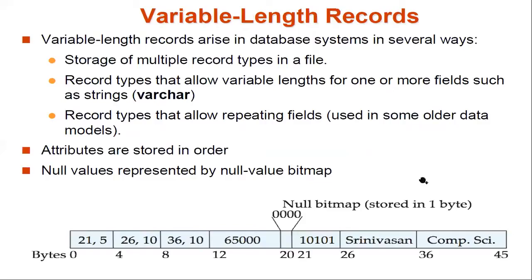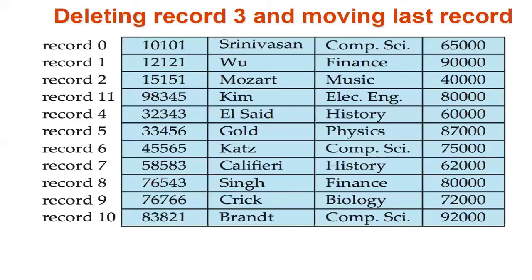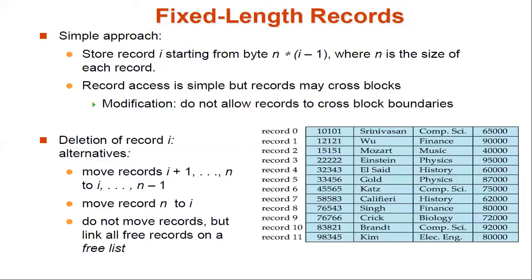Now I hope you will be able to understand what a fixed length record is and the small manipulations with the fixed length record. Mainly what you have to remember is that all the record sizes will be fixed. There will not be any variable length allowed here.